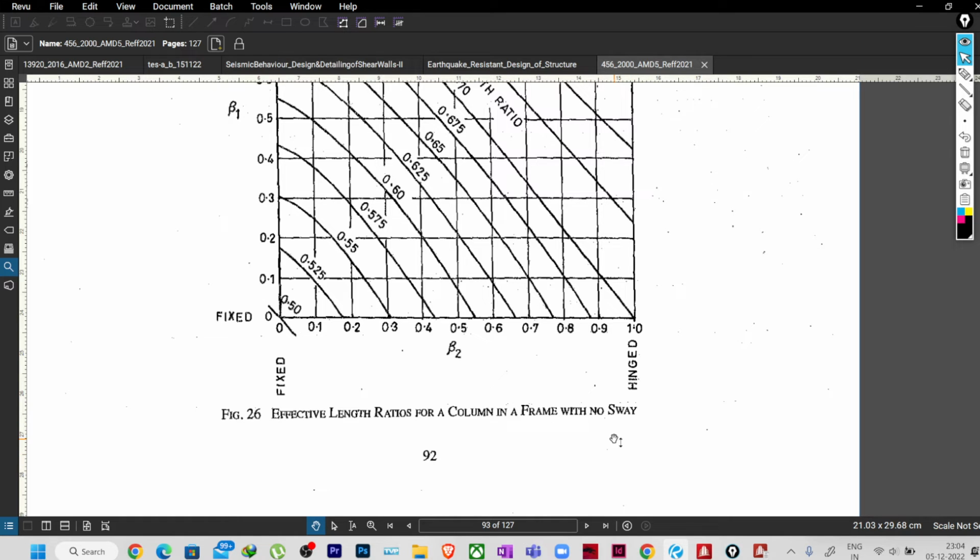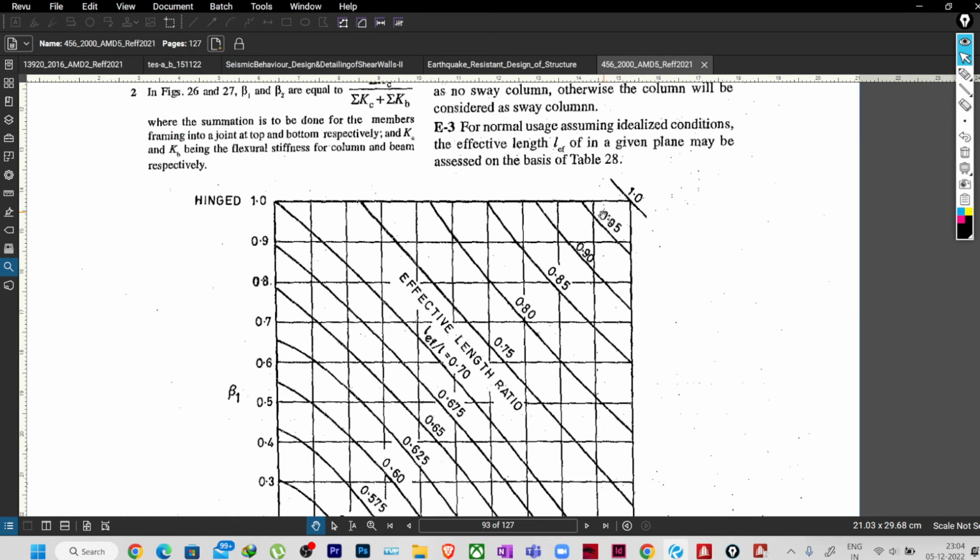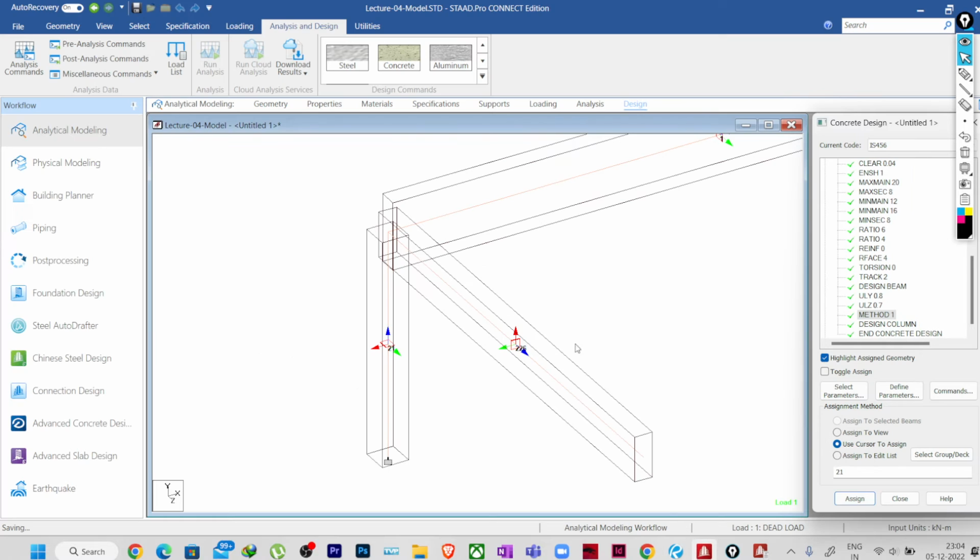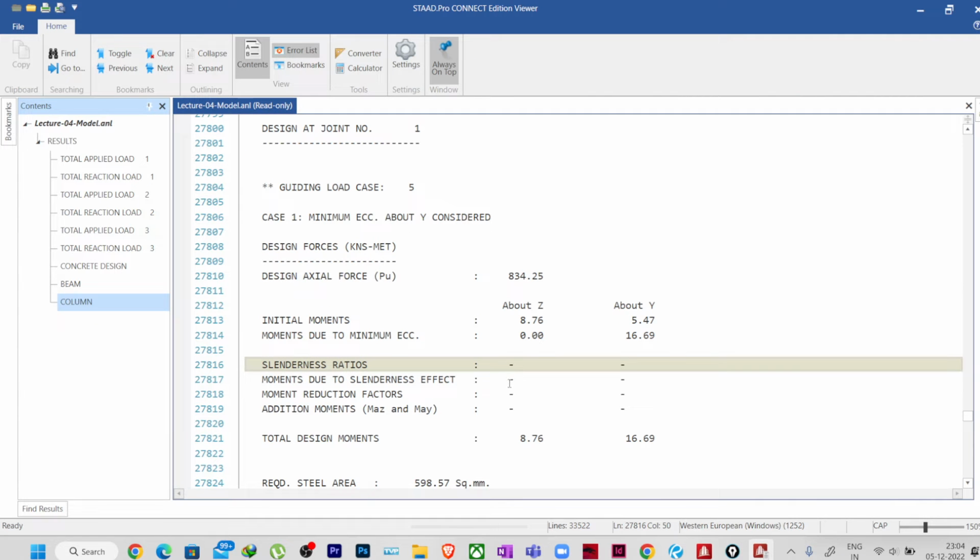So in no sway condition, the maximum value of effective length ratio we can get is 1. Considering that, here in STAAD.Pro also we are not applying any further value as we are designing only for gravity loads now.